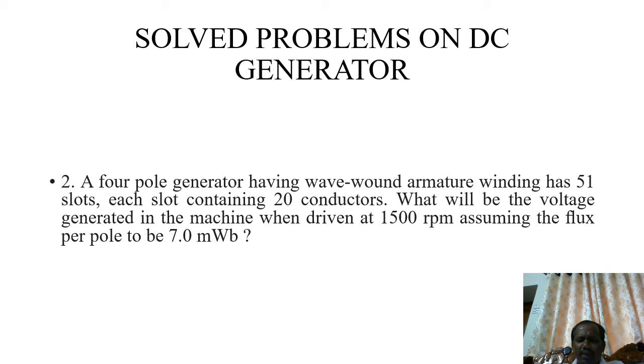So the total number of conductors is 51 into 20. What will be the voltage generated in the machine when driven at 1500 rpm?